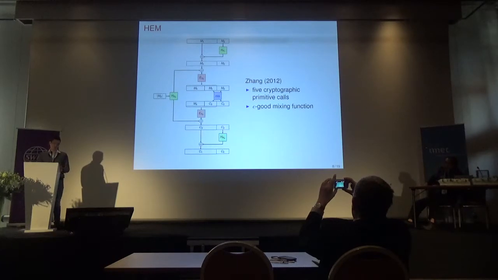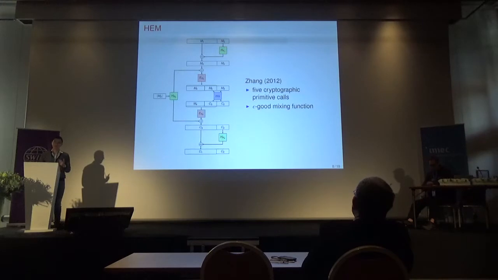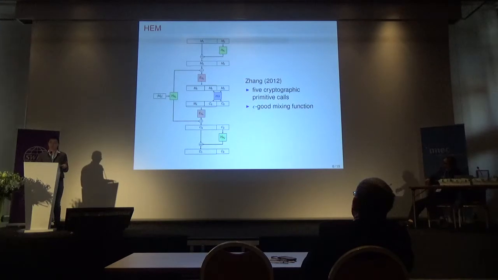But it also uses 5 cryptographic primitive calls: 2 block cipher calls, 3 hash function calls, and 1 epsilon-rot mixing function. Note that in the case of Chen, the hash function takes as input the length of the incomplete block, so it can be calculated in advance, but then we still have 4 cryptographic primitive calls.